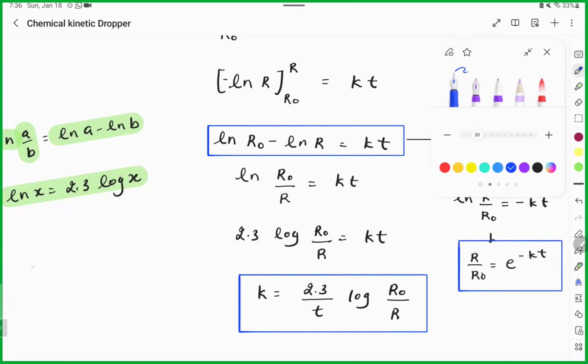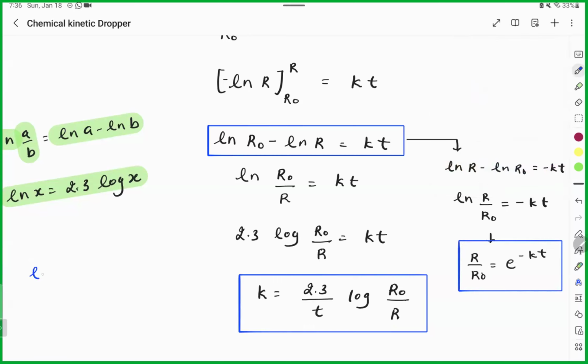How to write antilog of x? It will be e raised to power x. Correct, Pratigya? Yes, sir. Antilog of x will be equal to e raised to power x, right?